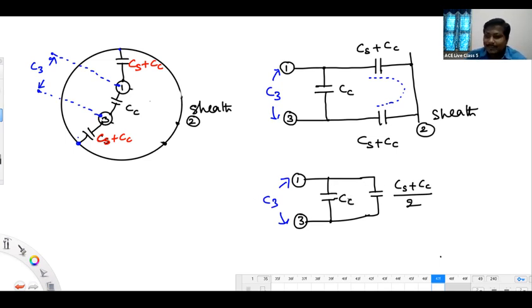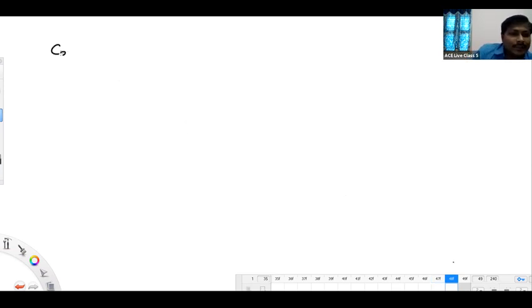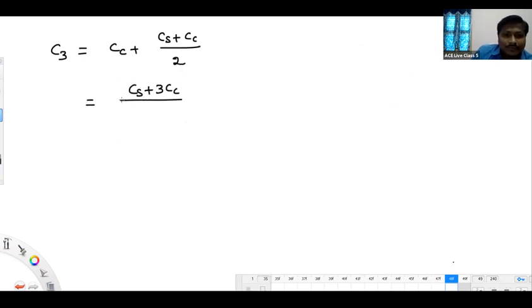So it becomes CC plus CS plus CC by 2. So from experiment number 3, C3 will come like CC plus CS plus CC by 2. So it will come to be CS plus 3CC by 2 as a whole.